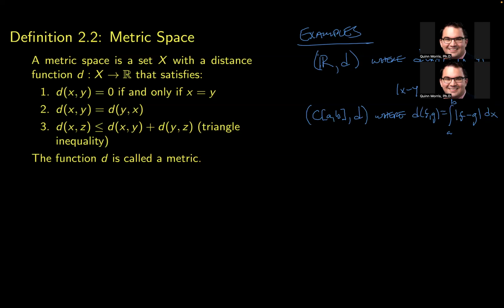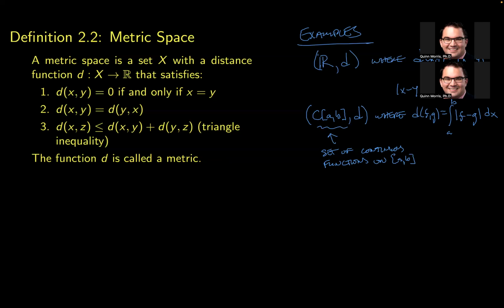So this set C[a,b] is the set of all continuous functions on the interval [a,b]. We can define a distance between those functions by defining the distance between two functions to be the integral from a to b of the absolute value of f minus g dx.